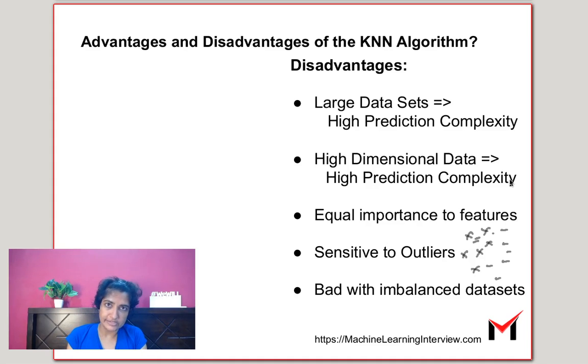Sensitivity to outliers. Suppose I take this example here. I have some positive examples and some negative examples, and there are a couple of outliers here in between the positive cluster which are negative. So if I take a point here and I take the three nearest neighbors, I would end up classifying the point negative. So this is not desirable.